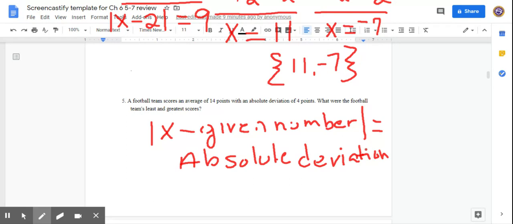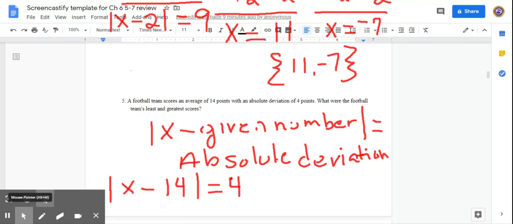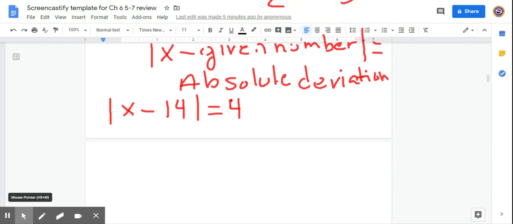Okay? Great. So now let's substitute those values into the formula. We have the absolute value of x minus the given number, which is 14, equals the absolute deviation, which is 4. Now we just have to solve this.